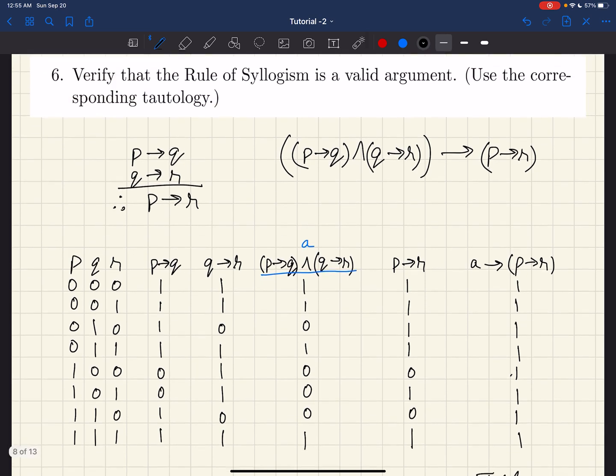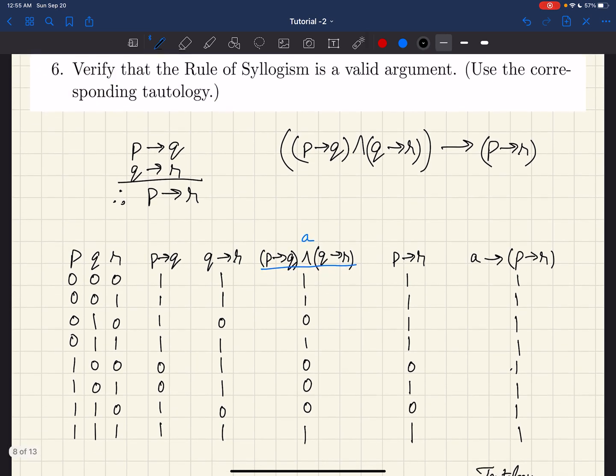Therefore, it's verified. And if we want to say that this was a premise and this was a premise as well, that means their output is true, which implies this is true.